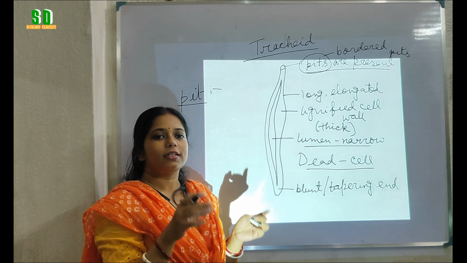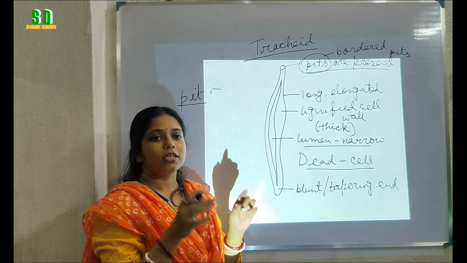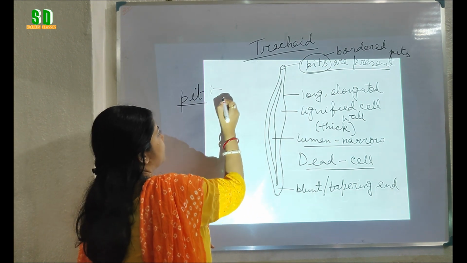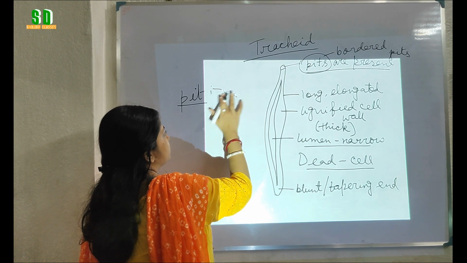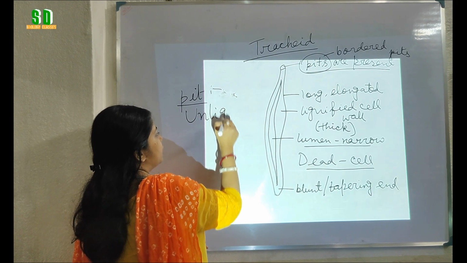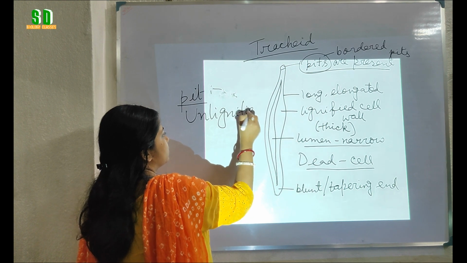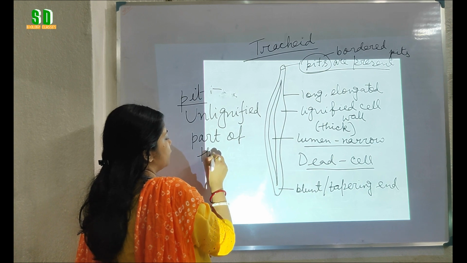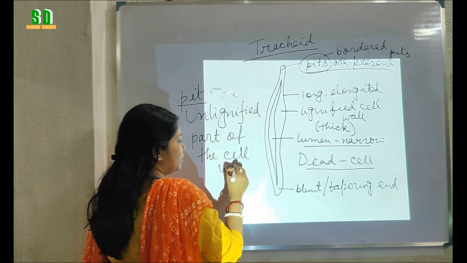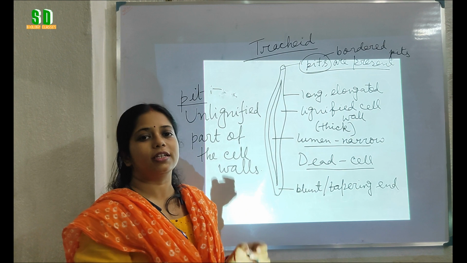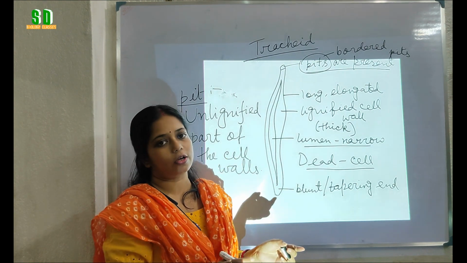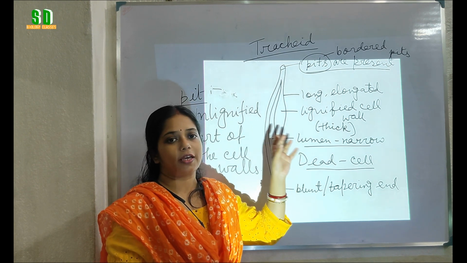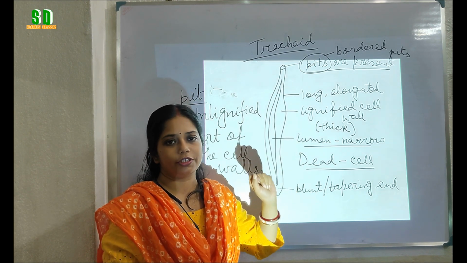The places where the lignin is not deposited in the cell wall, those portions are called pits. So pits are the unlignified part of the cell wall. So simply, pits are formed where the lignin is not deposited in the cell wall of the tracheid. So usually we can see that the end wall of the tracheid has the bordered pits.